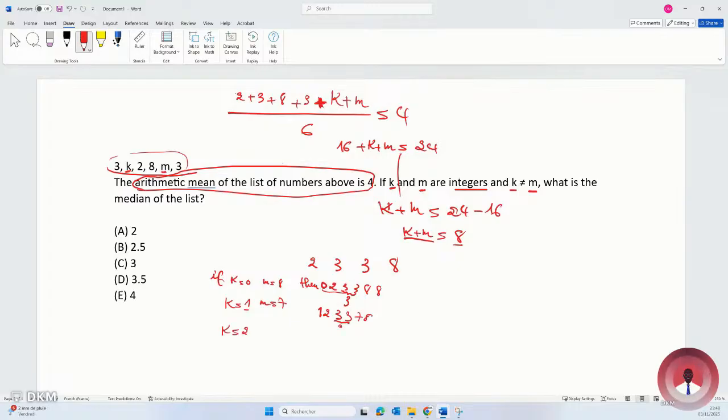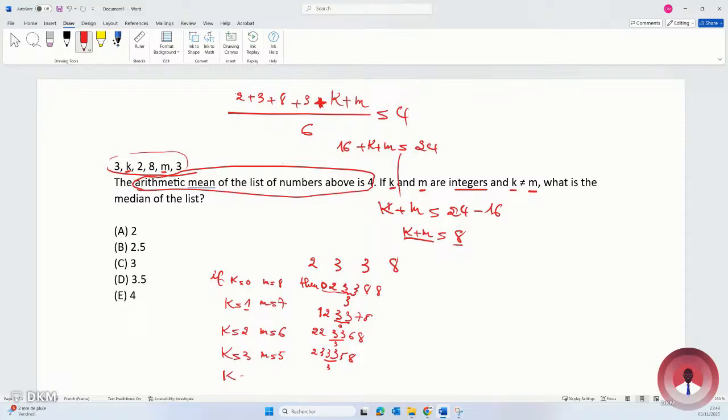If we say k is 2, m is equal to 6, then we'll have 2, 2, 3, 3, 6, 8. So we will still have the median 3. If k is equal to 3, m is equal to 5, then we will have 2, 3, 3, 3, 5, 8. So the median will still be 3.